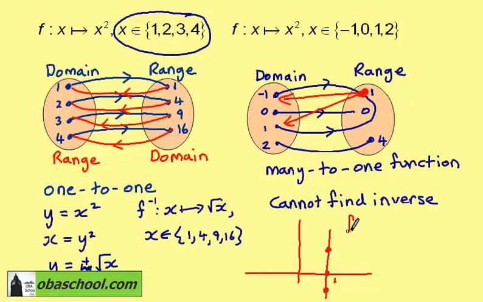And this fails the vertical line test. If a vertical line test is failed, then it is not a function, and therefore we can only have an inverse function for a one-to-one function.